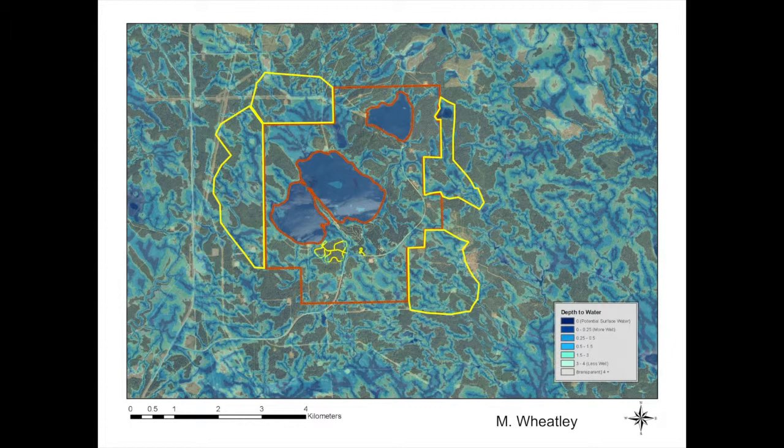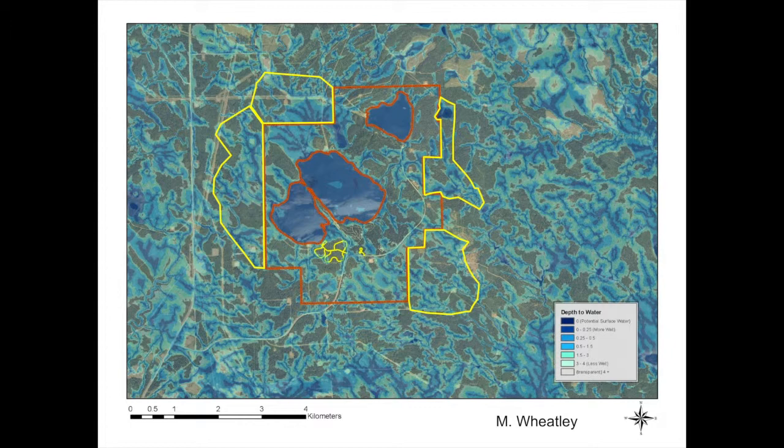We can also use the wet areas mapping as a tool to help work with people that are managing the land adjacent to a park. So when we have a park like Carson-Pegasus that has huge wetland values, a lot of what's happening outside the park influences what's happening inside.